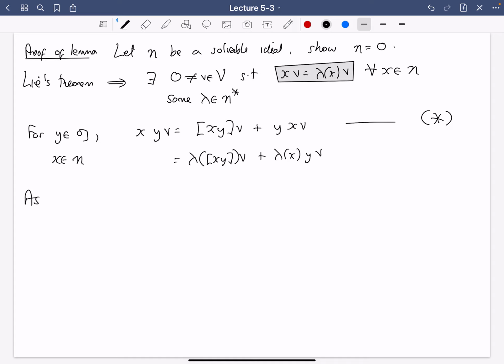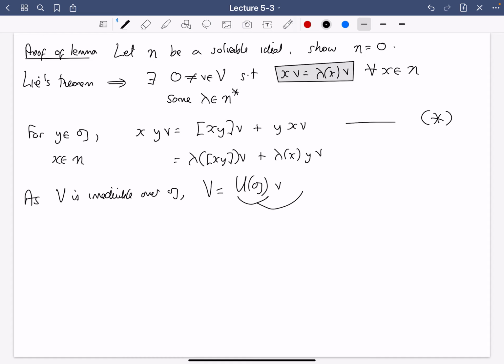Now I've got to use that V is irreducible over G. That means that any non-zero vector generates, right? We've got this non-zero vector v, so it's a cyclic vector. If you hit v by the universal enveloping algebra, you get the whole vector space.